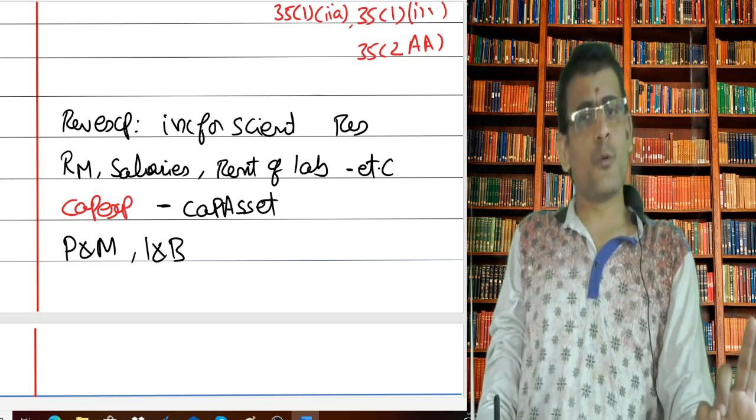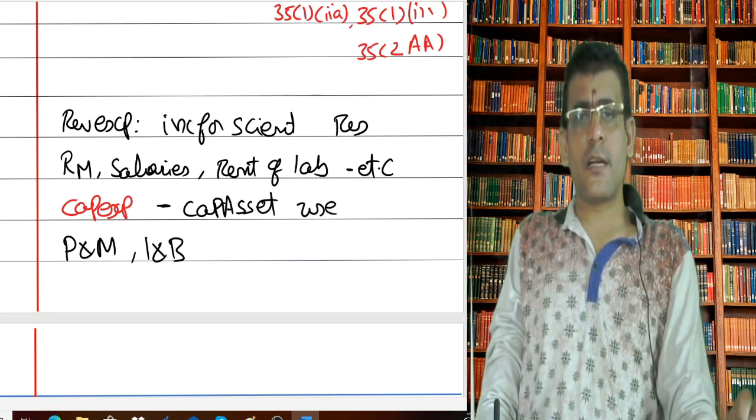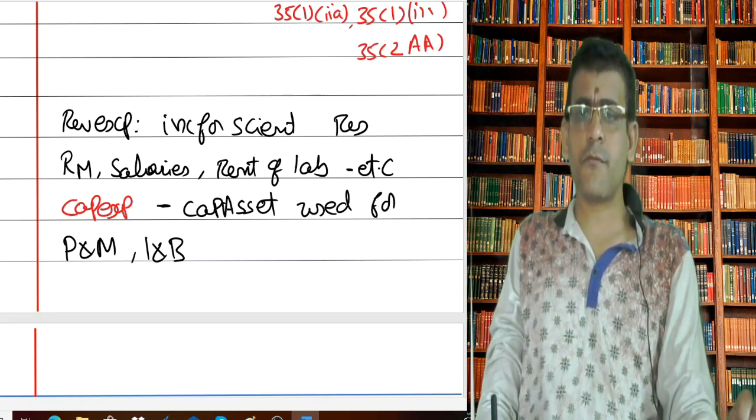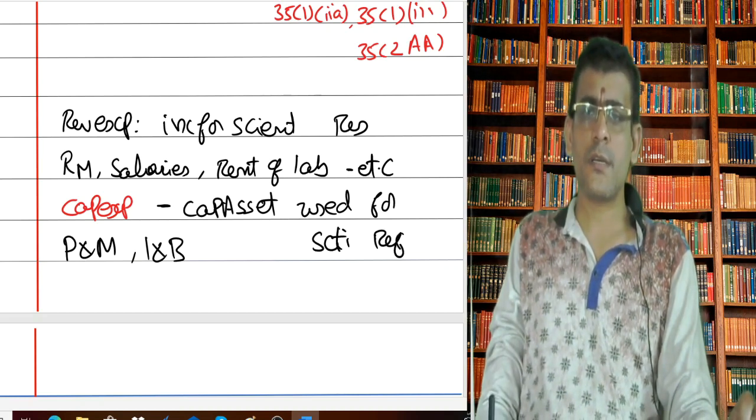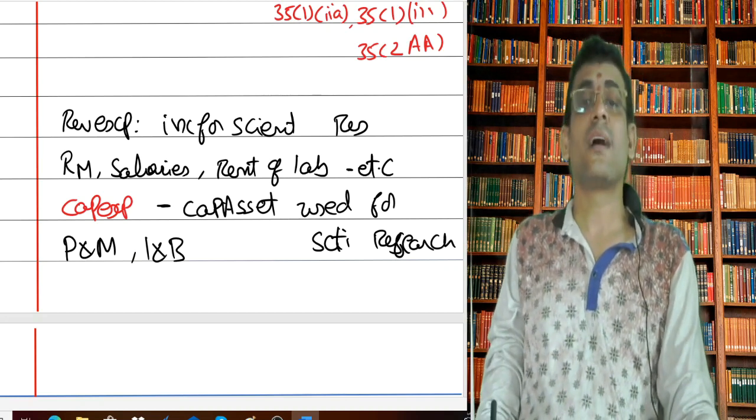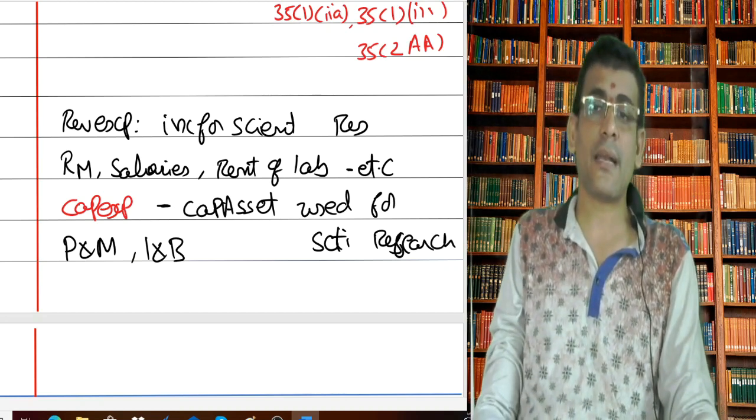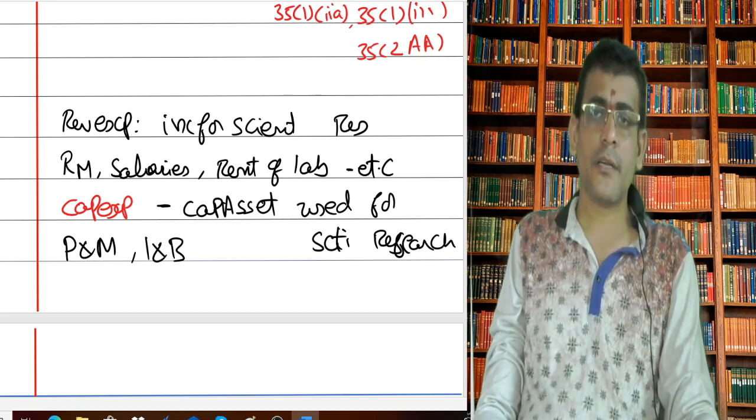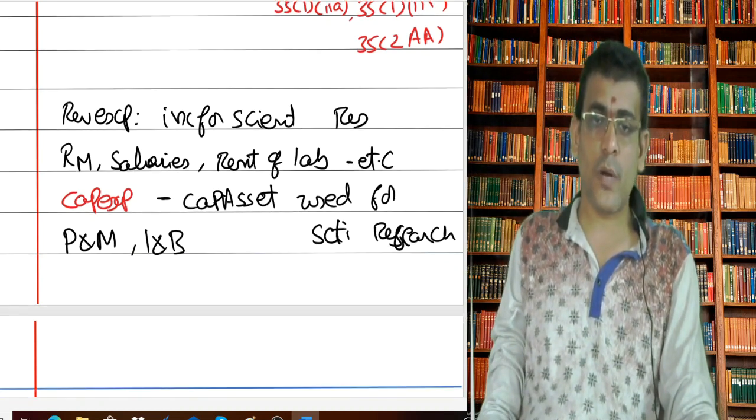And what is the usage of this asset? A capital asset used for scientific research. So if you are using your capital asset for the purpose of scientific research, ultimately I will call that a capital expenditure.